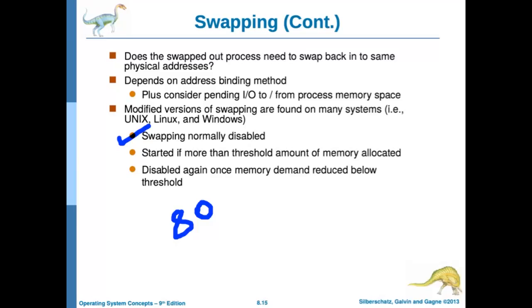By default, swapping is disabled, and this threshold of memory could be something like 80% or something like that. That has to be decided by the operating system.